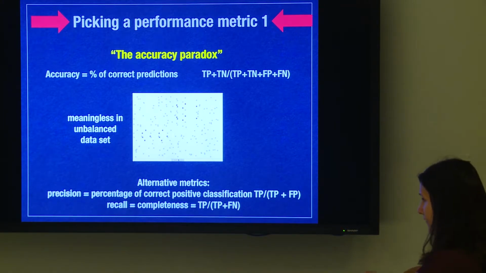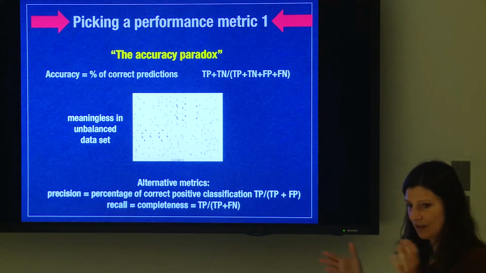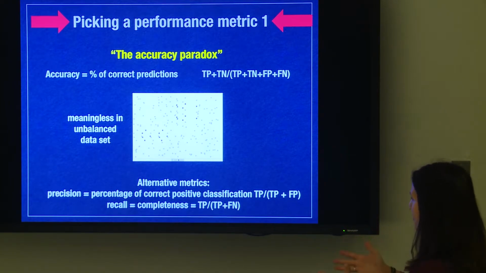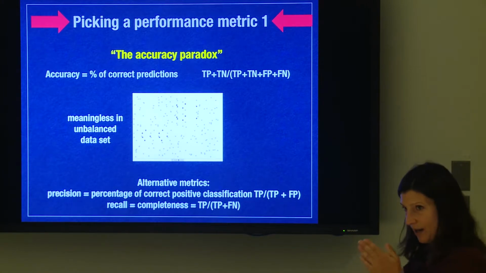You can think of alternative metrics. Your classifier will naturally report precision, which is the percentage of correct positive classifications: over all the objects classified as positive, how many are true.